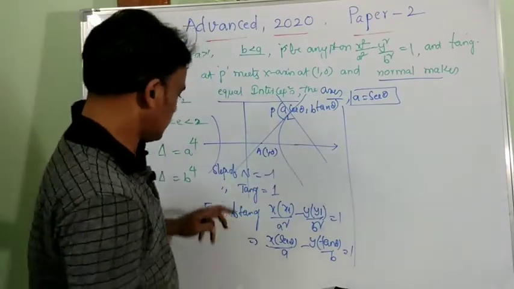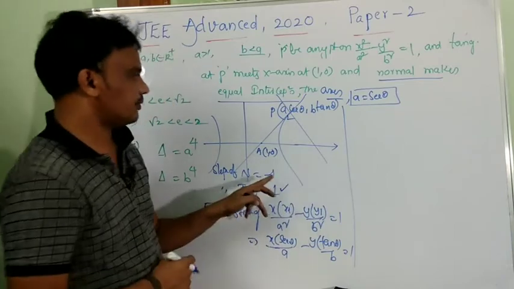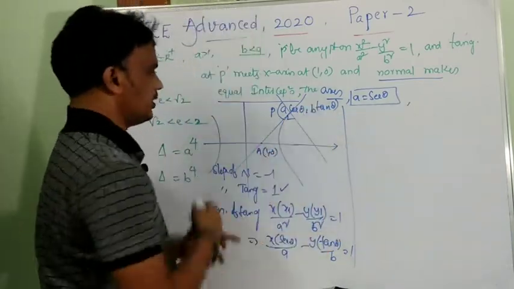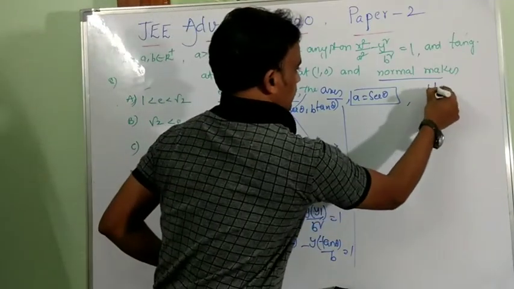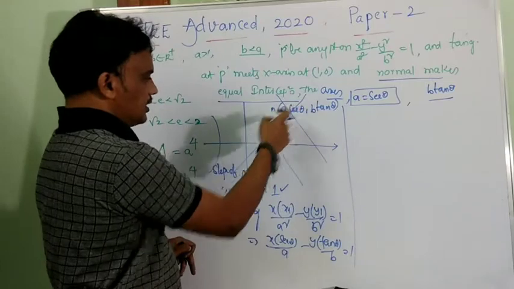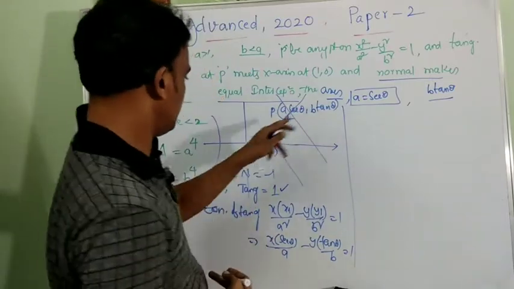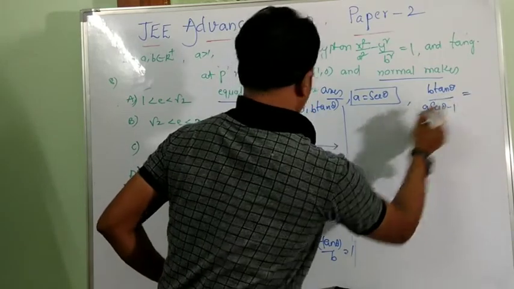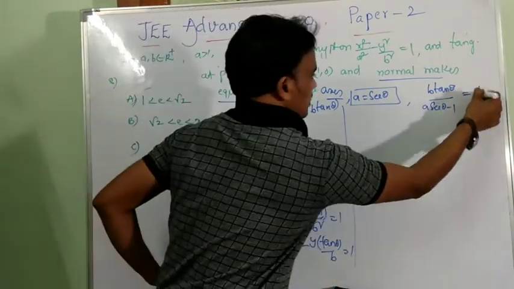Actually, the slope of the tangent is 1. Come on, please find the slope of the tangent. Here the two points are there: y2 minus y1 by x2 minus x1, which is b tan theta by a secant theta minus 1, equals 1.